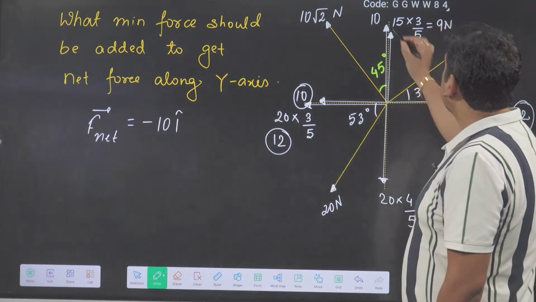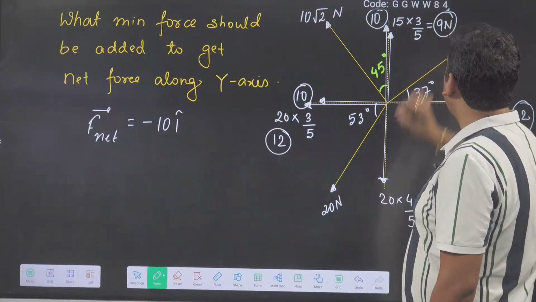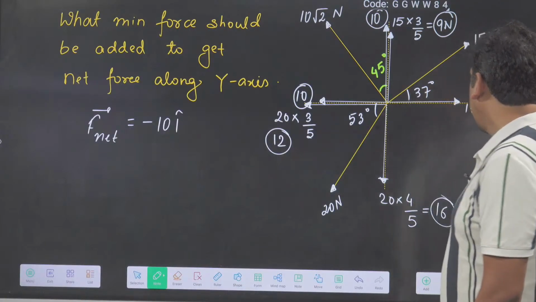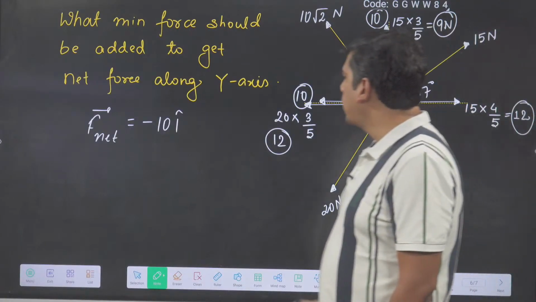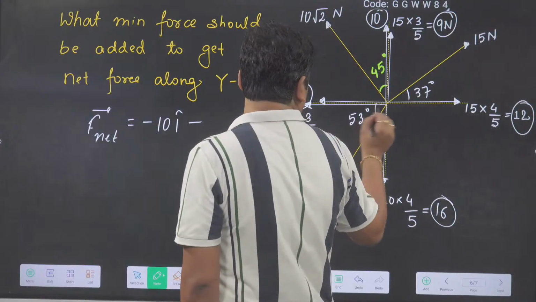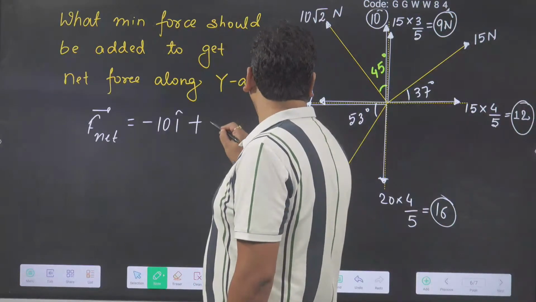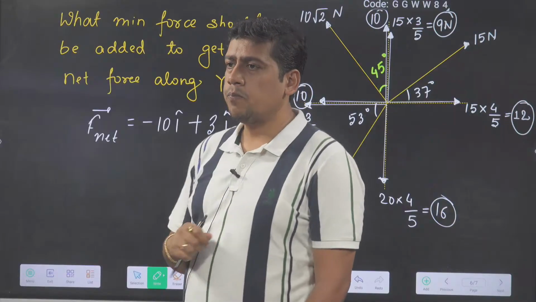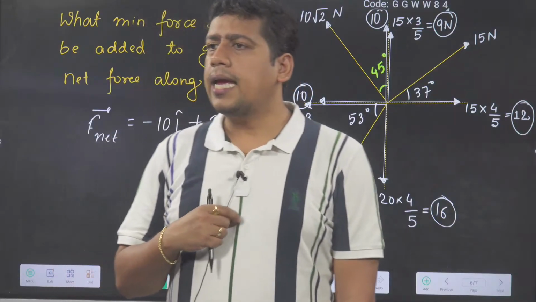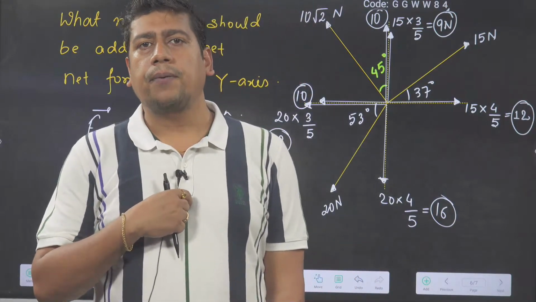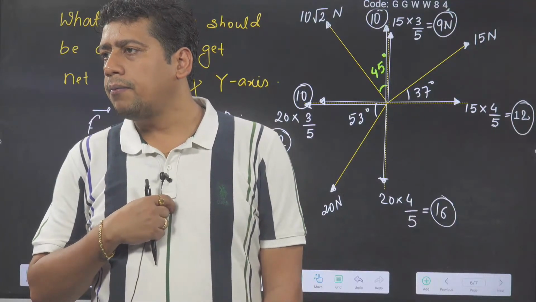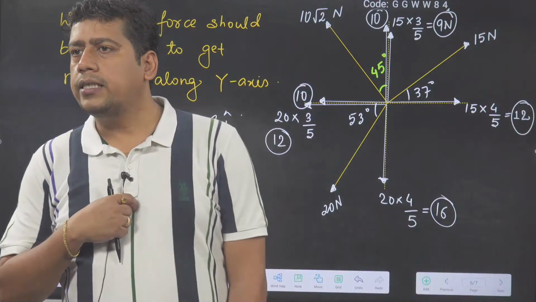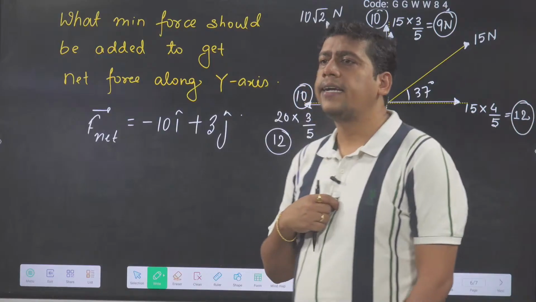On the y-axis, we have 10 and 9 in the upward direction, 19, and 16 in the downward direction, so we should write plus 3 j cap. So it's minus 10 i cap plus 3 j cap. This is the net force right now.